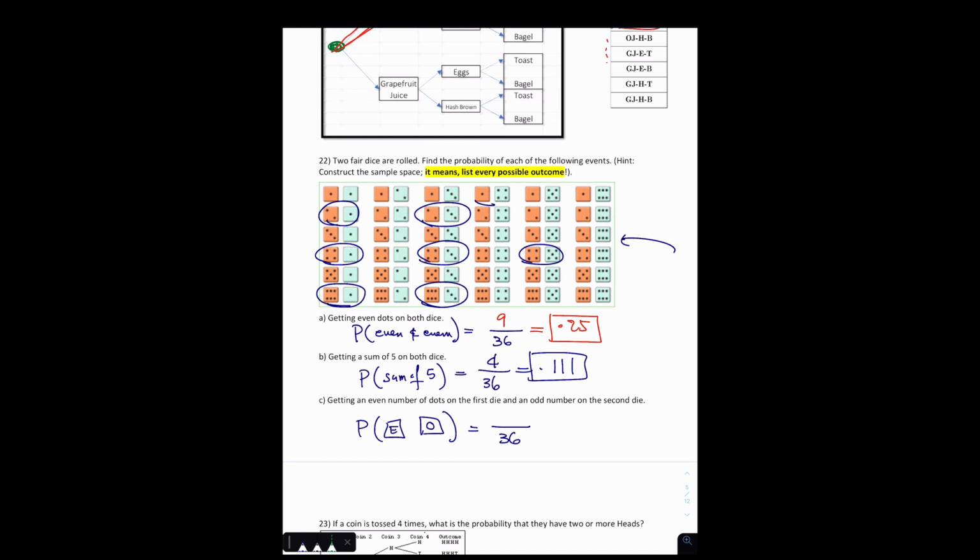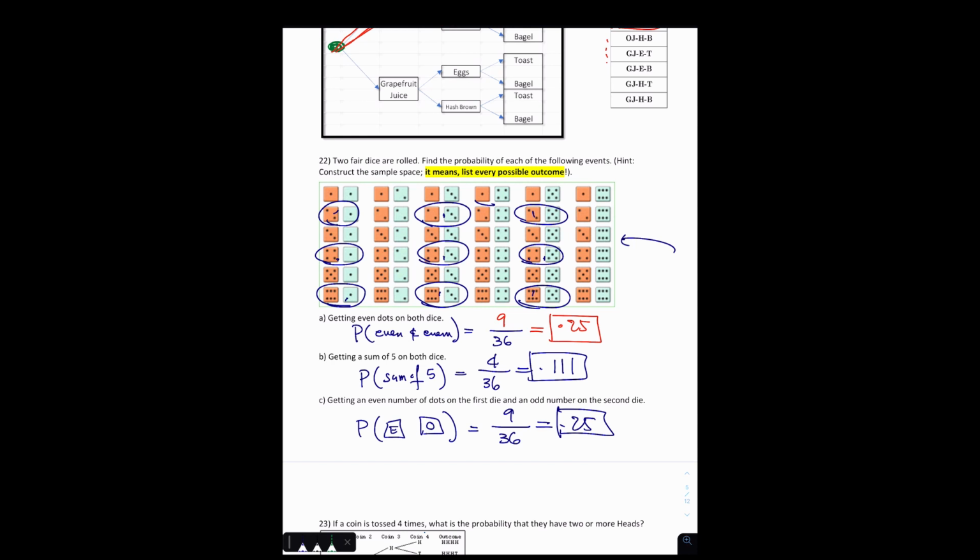And these are all even here. There's no odd there. That's an even, odd. And there we go. So let's see. Here's an even, odd. And that's about it, I think. There you go. So those are the outcomes that are even first, odd second. And there's 1, 2, 3, 4, 5, 6, 7, 8, 9 of those. So again, this is a quarter, 0.25. And that's how you answer number 22.